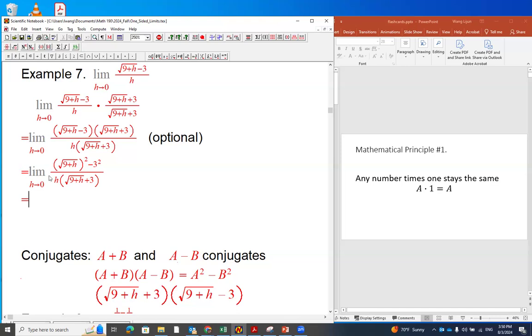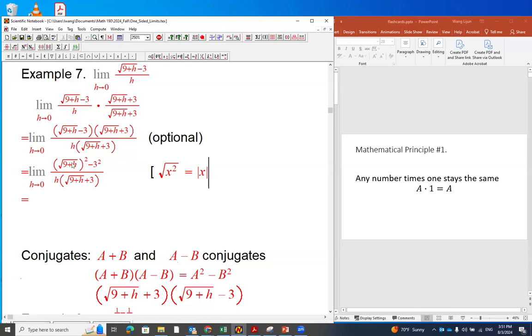Okay? Now there is some other algebraic information I'd like to bring to your attention. One is that if I have the square root of x squared, where x is any real number, that equals the absolute value of x.